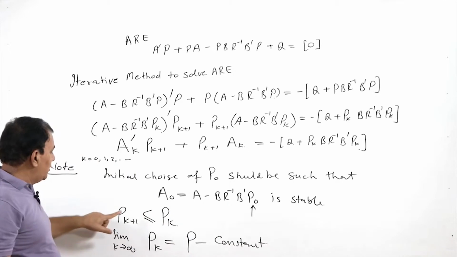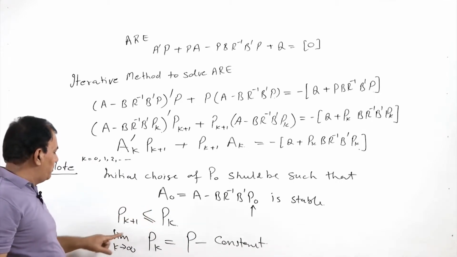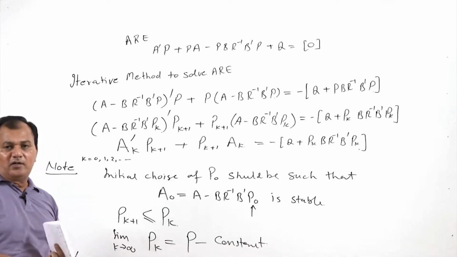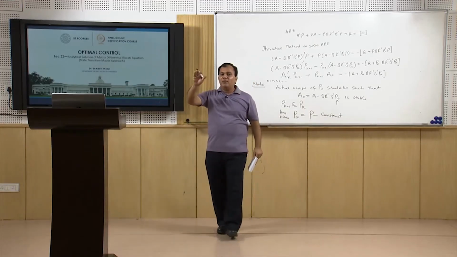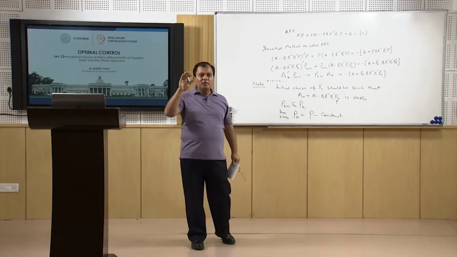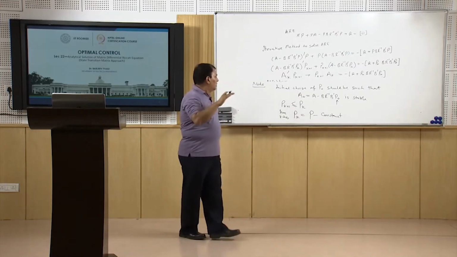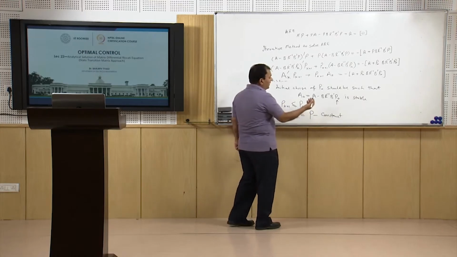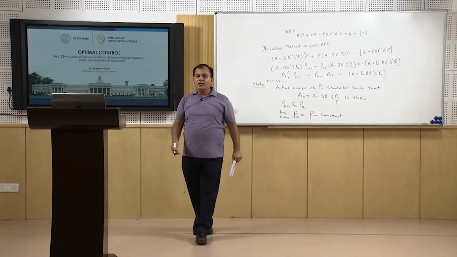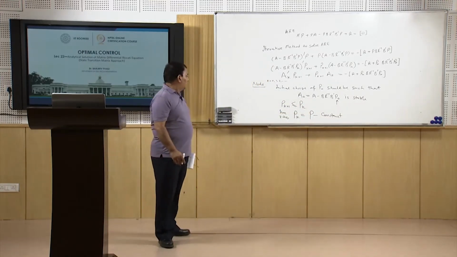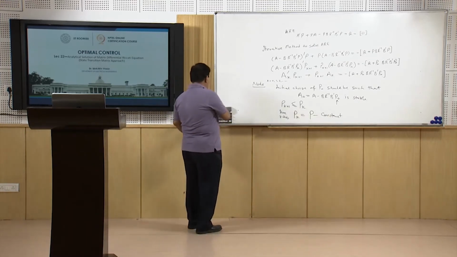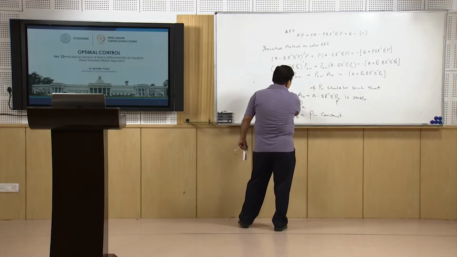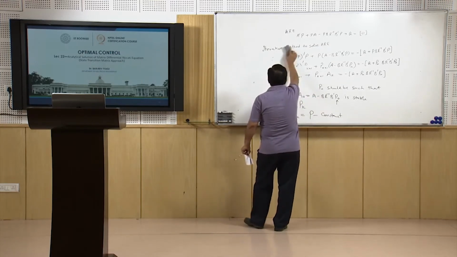I have to ensure Pk plus 1 is less than or equal to Pk, then as k approaches infinity, after a few iterations we find that my P value is a constant value. As P becomes constant, we stop the iteration, and that will be my choice for P, which is my Riccati coefficient. So, by this method we can find the P.